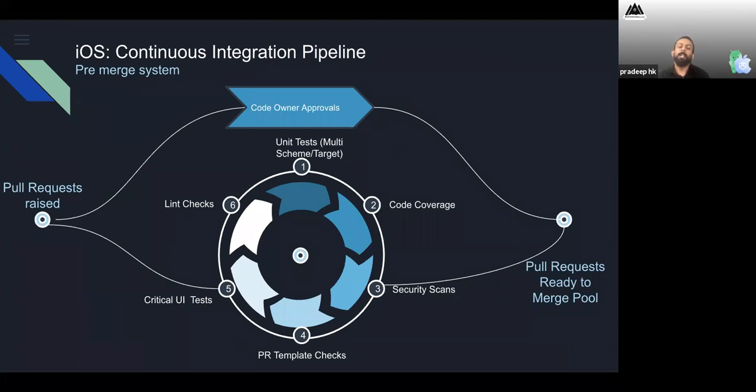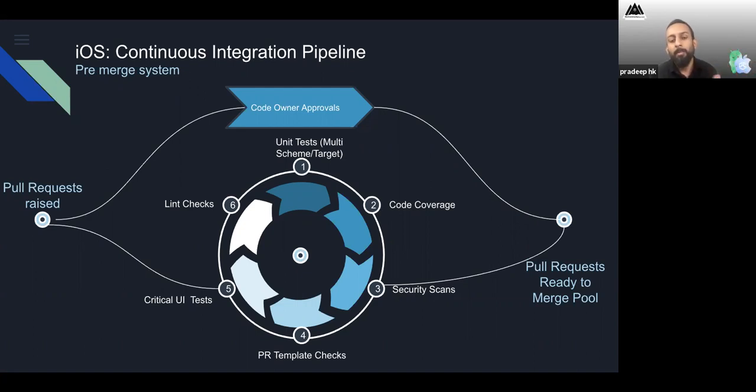So I was explaining there are multiple checks which run on a pull request or a commit which is being pushed to a pull request. So this is just a high level category. It can vary depending on projects, but these are the minimum requirements I can see which need to be added for an iOS project. We should be running unit tests, and depending on the project structure, you can have multiple schemes and multiple targets, and code coverage enforcement, security scans, whether the PR is in proper format, and lint checks.